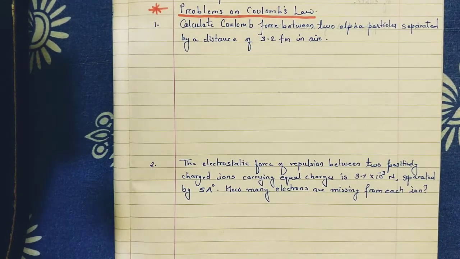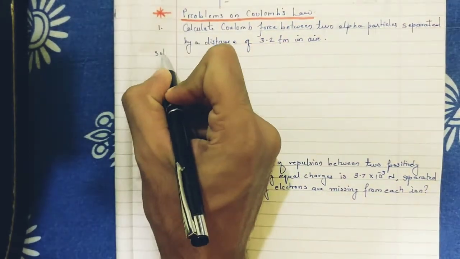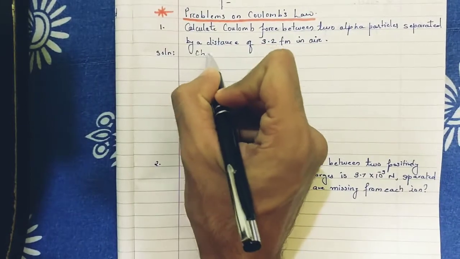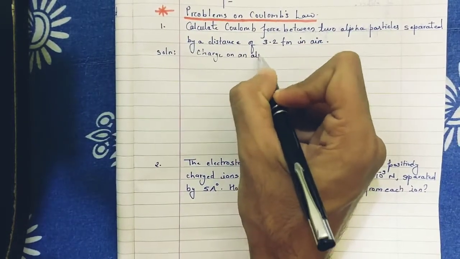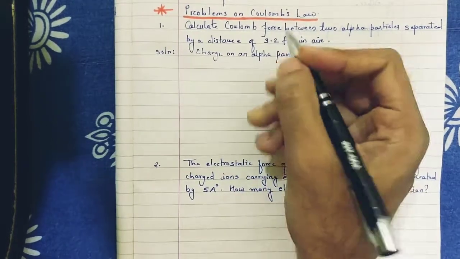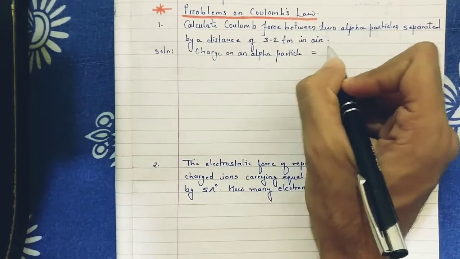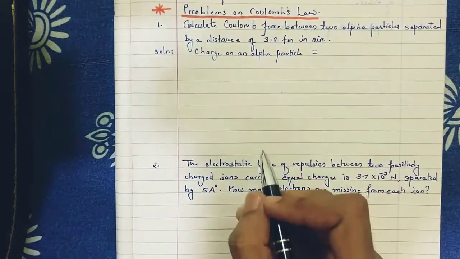Let us first find out the charge on an alpha particle. We know that Q is equal to Ne, where N is equal to 2 for an alpha particle.